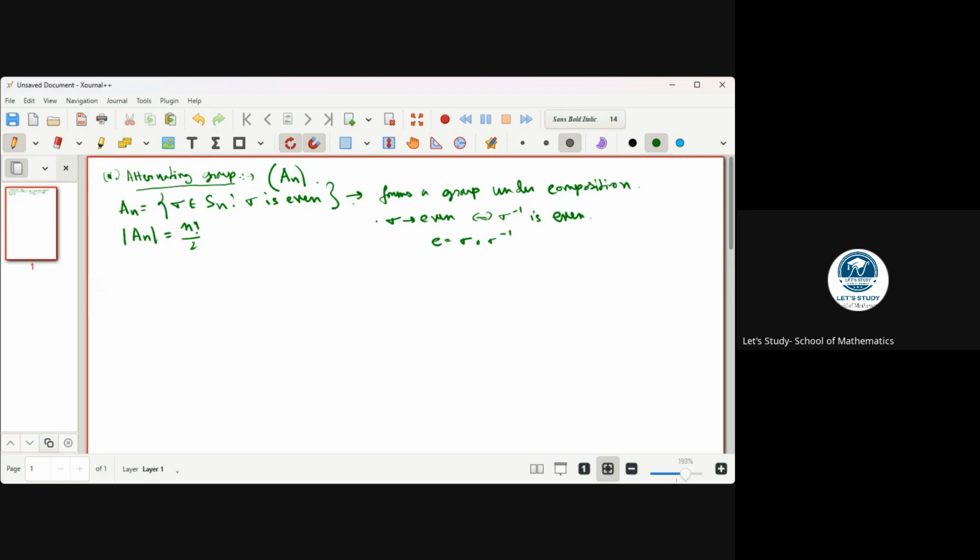Okay. And you can check, this is easy, that it forms a group. And the cardinality of An is n factorial by 2. I am not going to prove this. This is a standard result, and you can find the proof of this in any standard book. Okay.